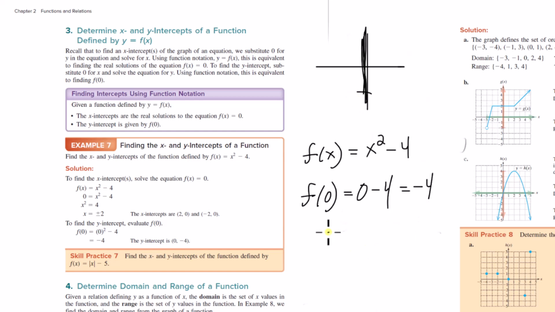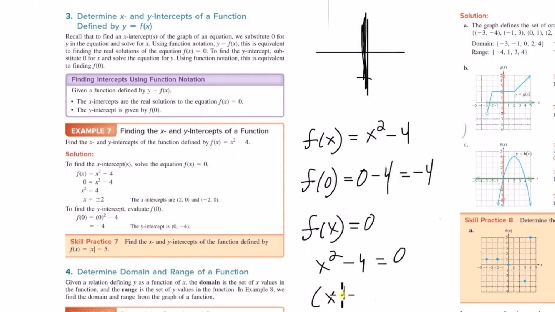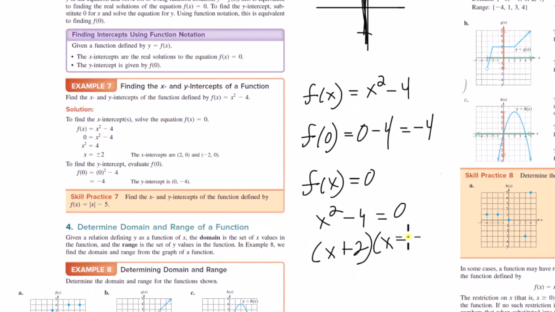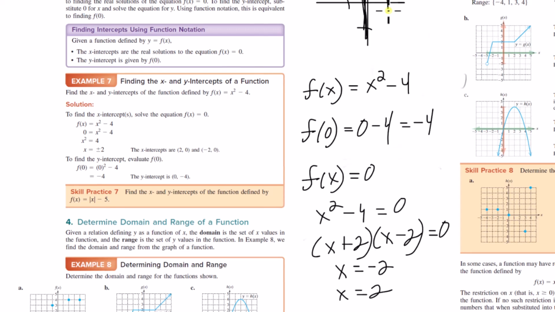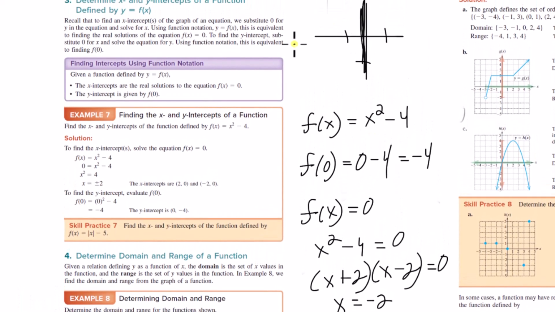Now to find where it intercepts the horizontal axis, you solve x squared minus 4 equal to 0. That's a difference of two squares. So at x equal to minus 2 and at x equal to positive 2, that's where it's going to intercept the x-axis.